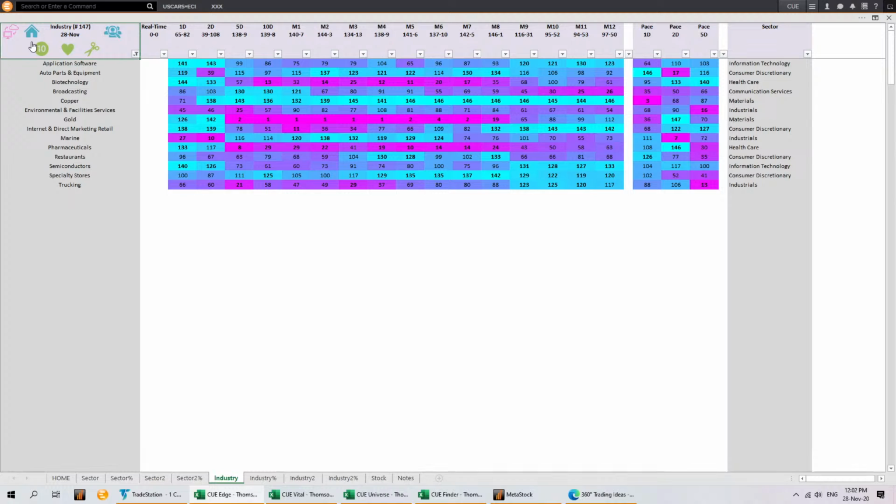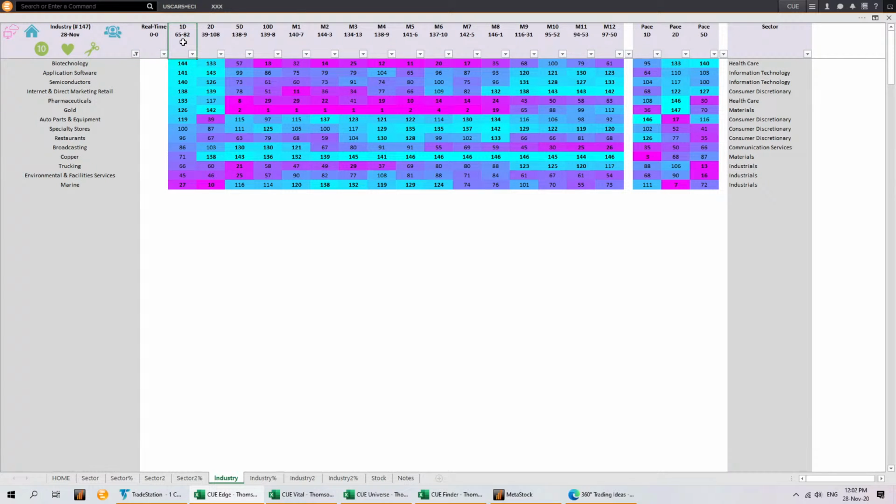That is going to take me to Q Edge and look up the industry score for all the industries for those stocks. I'm sorting by one day by double clicking, and I can see these are the strongest industries. Biotech is the strongest. We could look for buying opportunities there. Application semiconductors are also very strong.